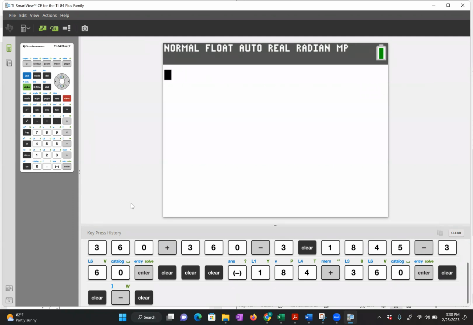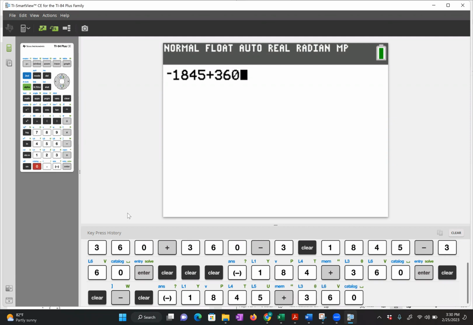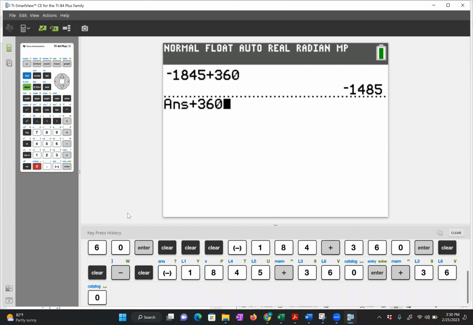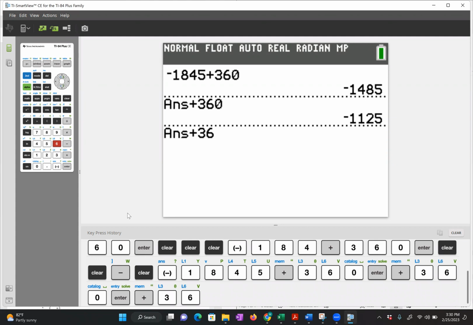This is what happens when you're distracted at home. So negative 1845. Do it slowly because the machine doesn't keep up with you. This is where I'm at right now. I'm going to add another 360. This is still negative. I don't want that. Plus 360. Still negative.